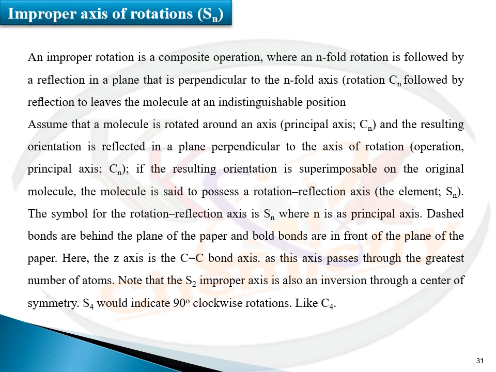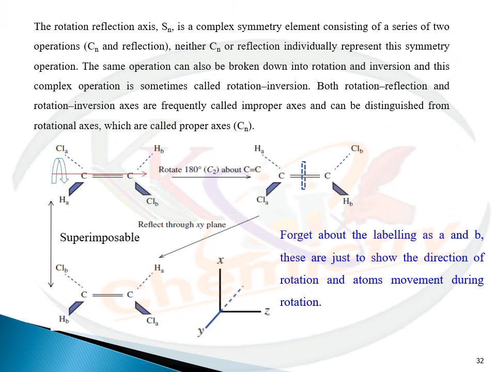Okay, now we come toward a molecule and try to perform it. This molecule has chlorine A, chlorine B, chlorine A, hydrogen B. Just rotate it by C2 operation. This hydrogen will come over here, and this chlorine will come over here.